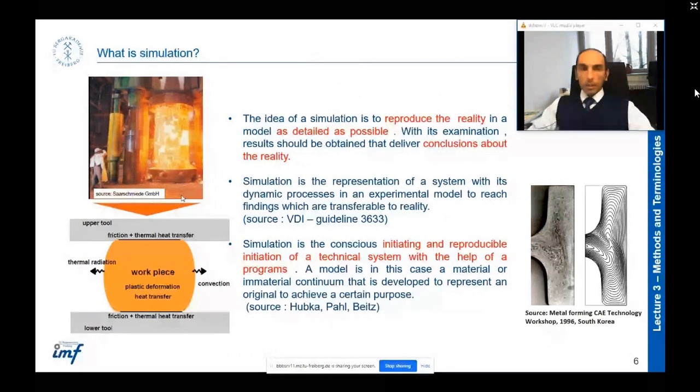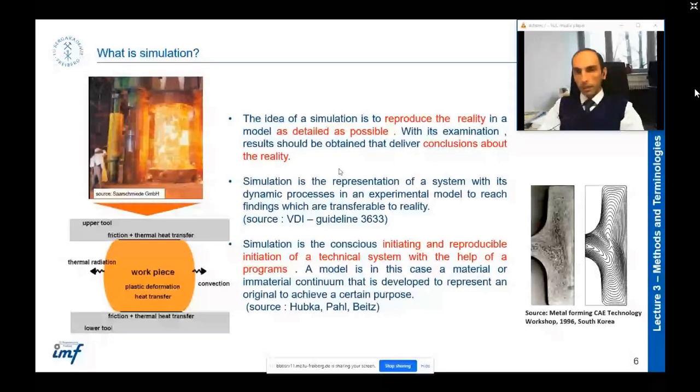There are different definitions for simulation, as you can see here. The first definition is that the idea of simulation is to reproduce the reality in a model as detailed as possible. And of course, it's important that you can conclude some results from your simulation.